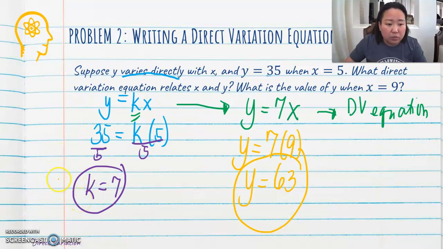So always start with your k value. Once you have the k value, you can go back to the original, and this is where your equation would look like. And then because of this equation, you can now change the input value into different values of x, or it could be a different value of y. You have to solve for x. And from here, you can get the other missing variable, okay?